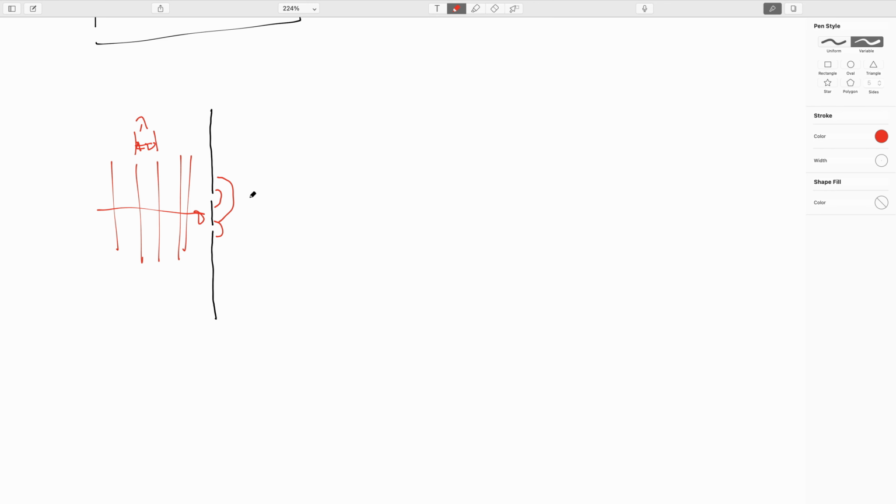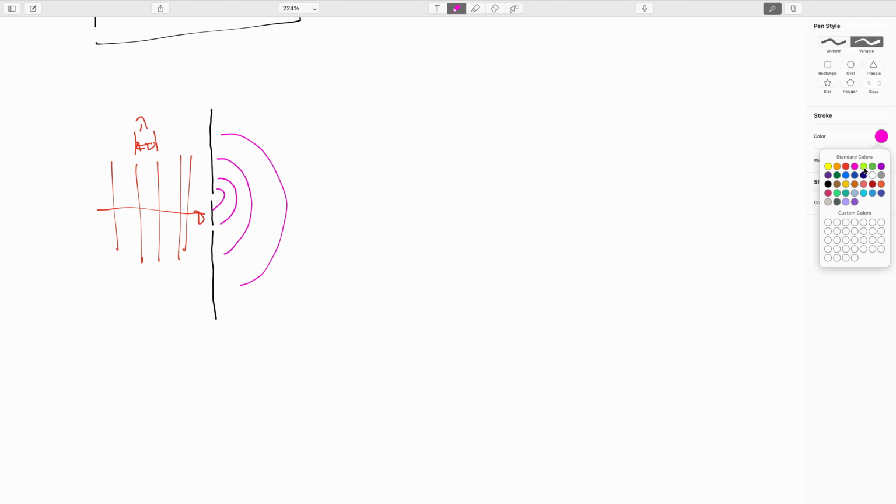So the idea is, let me draw the wavelets in different colors just so we can tell them apart. So these will be the wavelets coming from the upper slit, and then these will be the wavelets coming from the lower slit, like so.